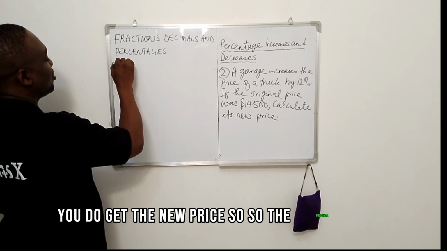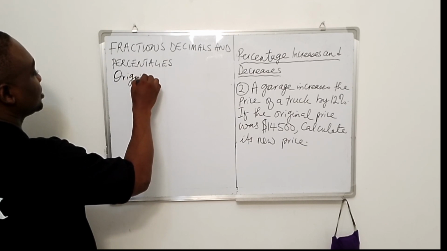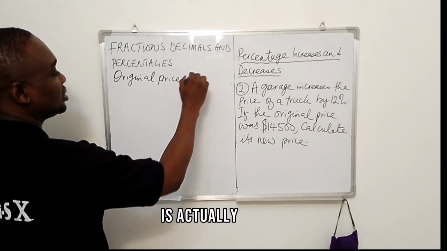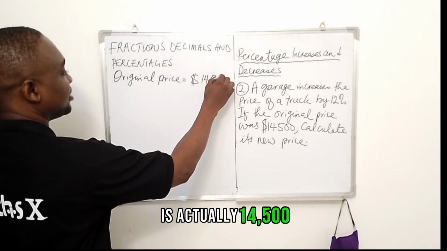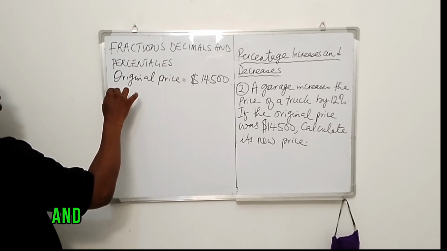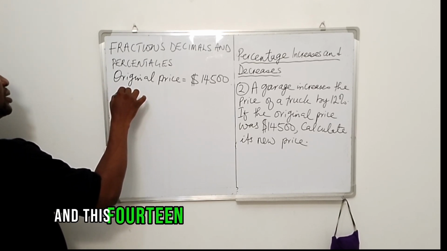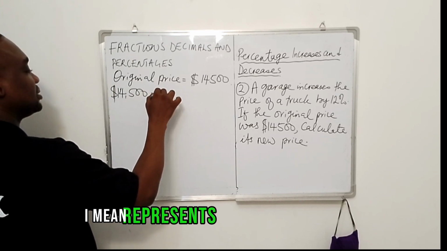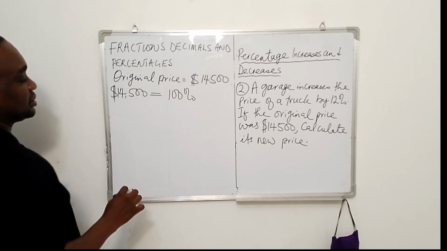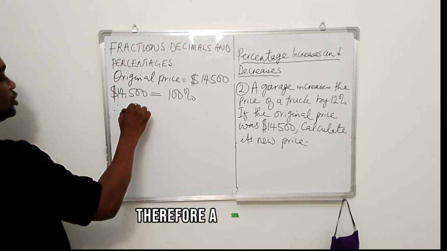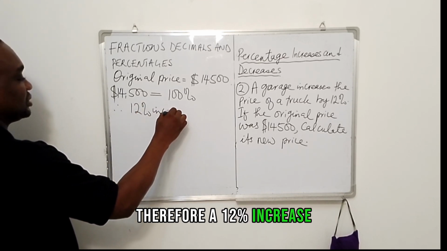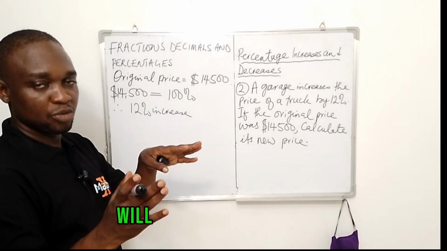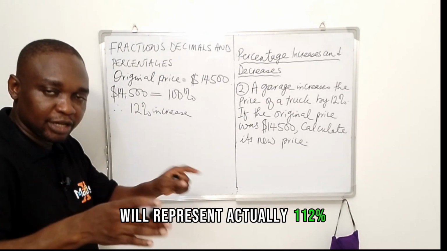So the original price is actually $14,500, and this represents your 100%. Therefore, a 12% increase on this price will represent actually 112%.